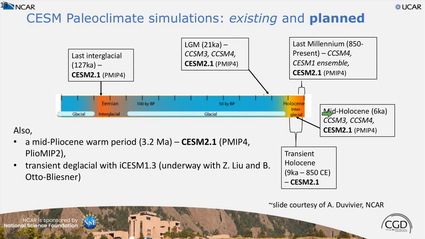We have similar mid-Holocene simulations, that's for the LGM, and we're planning a transient Holocene simulation for the next year or so. And also we're planning the last interglacial, which is a new run for PMIP with CESM2. Also mid-Pliocene warm period and a transient deglacial, which is currently ongoing with the isotope-enabled CESM1. And this is a project with Cheng-Yu Liu and Betty Otto-Bliesner.